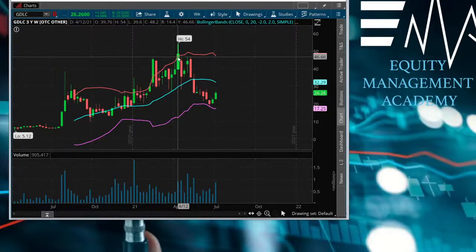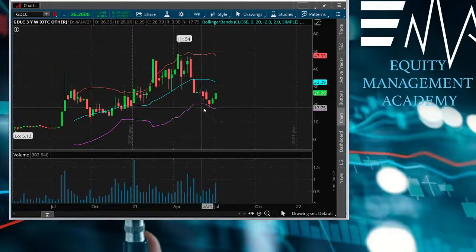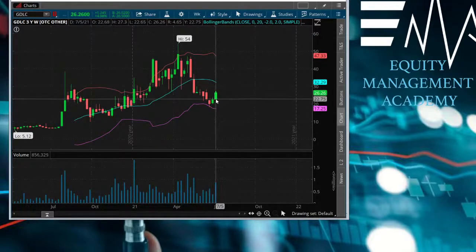From that high of 54, we have now seen it correct back down to the low that was made on June 21st. It went from 54 back down to 18. And now we are looking at a reversal.